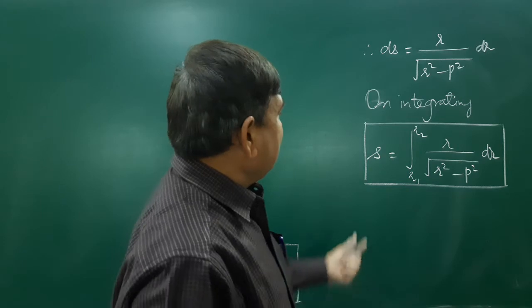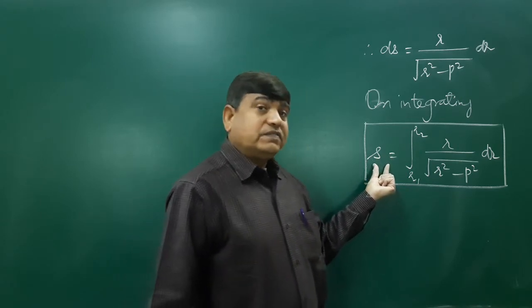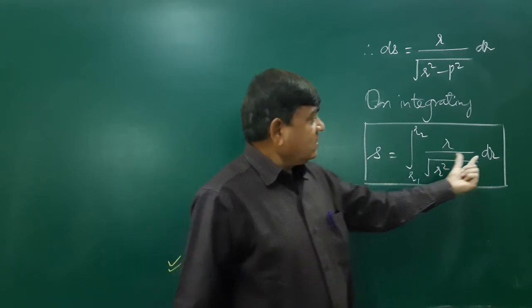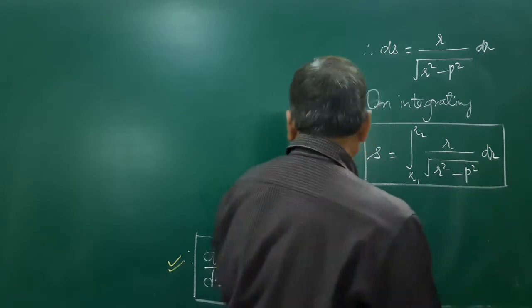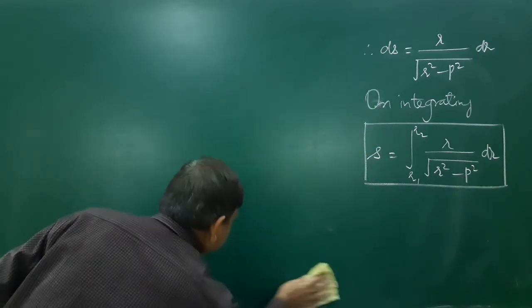So this is the length of the arc, that is arc length, and here variable is r. So this formula you have to remember.